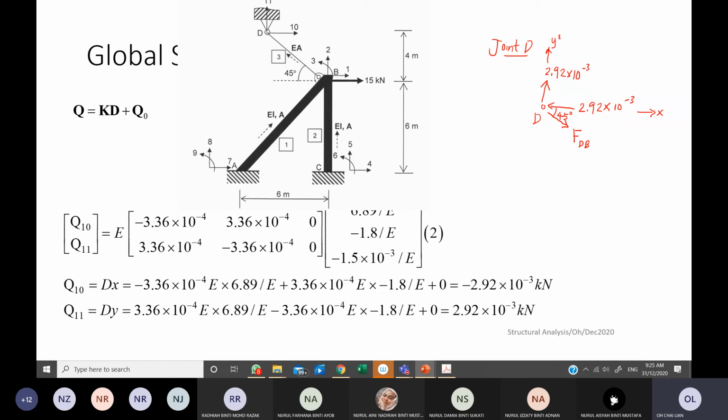Sorry, it's not Y prime. You can make use of summation Fx equal to 0 or summation Fy equal to 0. For this case, let us use summation Fx equal to 0. Then you can write the equilibrium for this. So FDB will be how much?